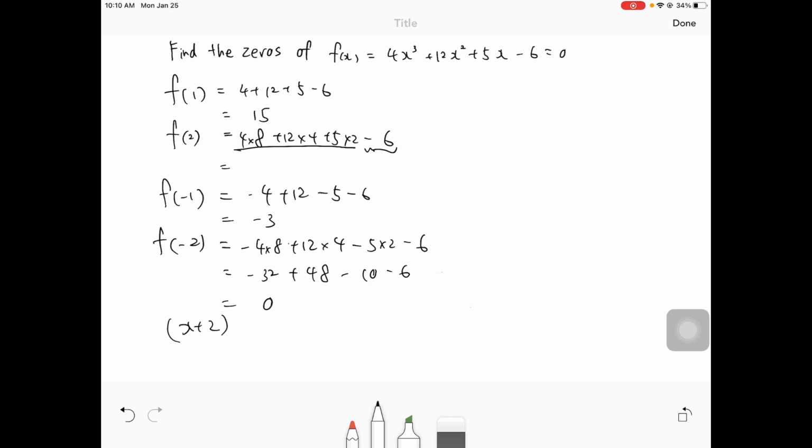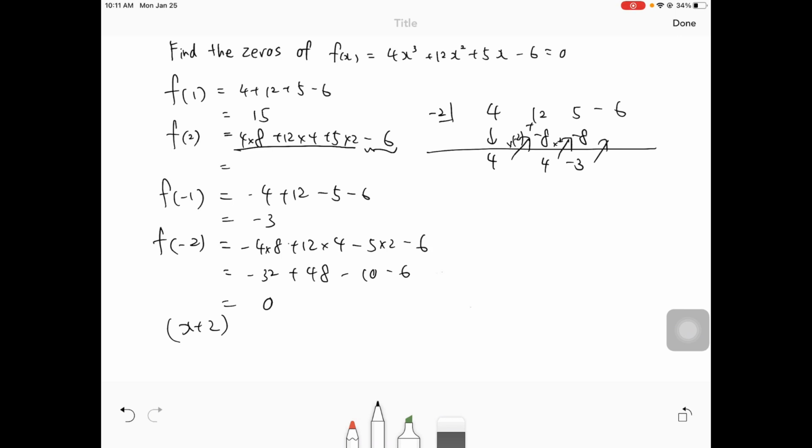So let's use synthetic division to divide this polynomial. 4, 12, 5, negative 6 divided by x plus 2. So I put negative 2 here, bring it down, times negative 2, negative 8, plus 12, 4, then negative 8, and 5, negative 3.